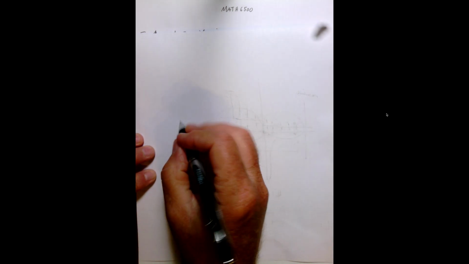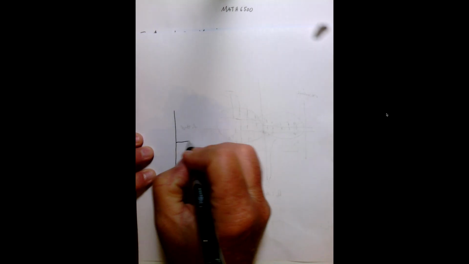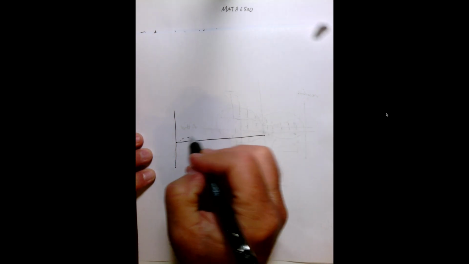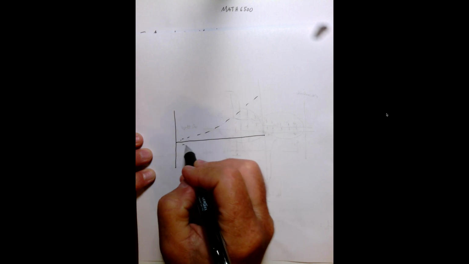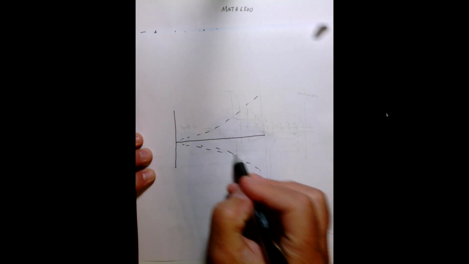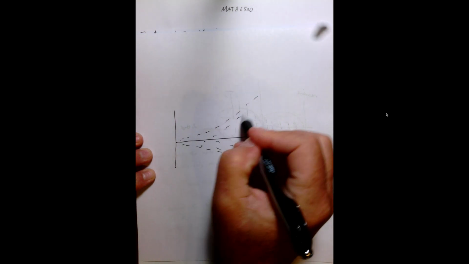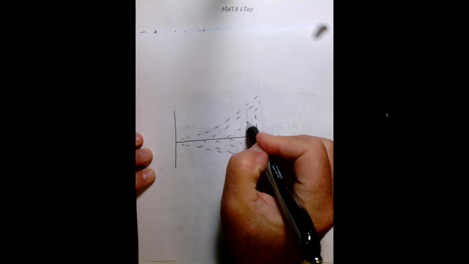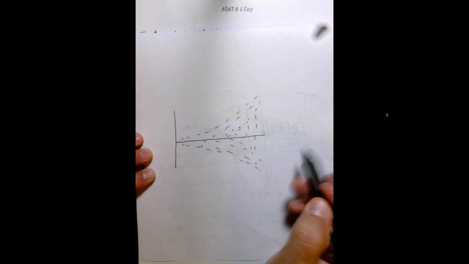So let's just assume that we don't have equal variance. And if you don't have equal variance, you often get this fanning out. So let's just fill this in with a bunch of dots. Okay?